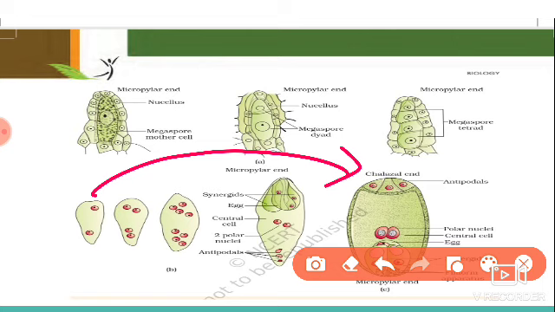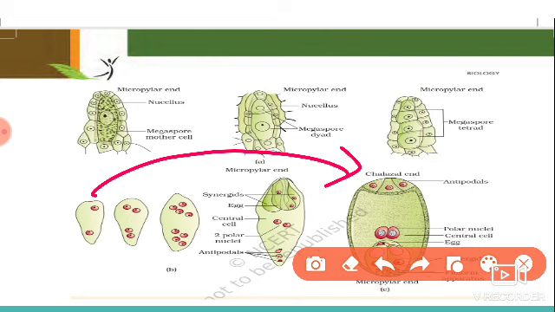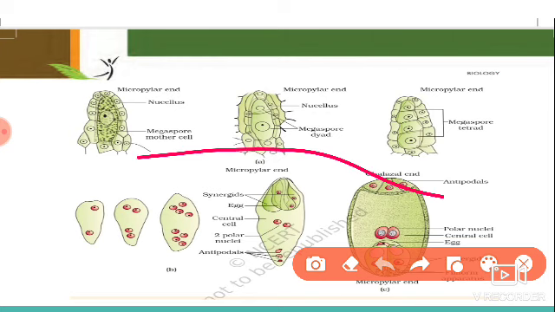In megasporogenesis only one megaspore is left, and then different types of cells, nucleus, everything are formed. If you observe the matured one, it is completely different from the megaspore we found after meiosis. A lot of cells and nuclei are formed here. How they are divided and arranged, we will study with the help of this diagram.